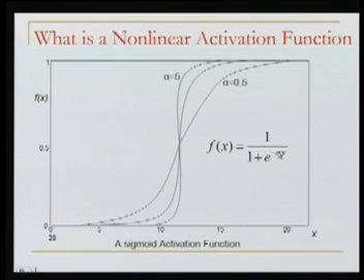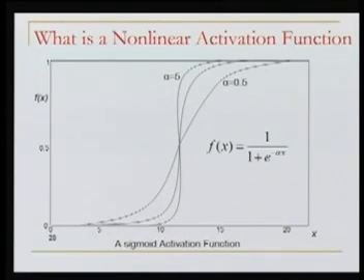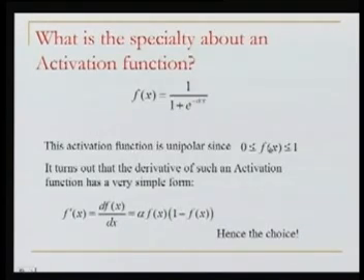Why did we select this activation function? You may ask, what is the speciality of this activation function? It is very clear from the previous graph that f(x) is always limited by the boundary 0 and 1; f(x) is less than 1 and greater than 0.